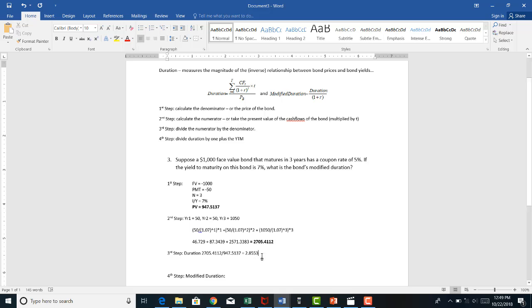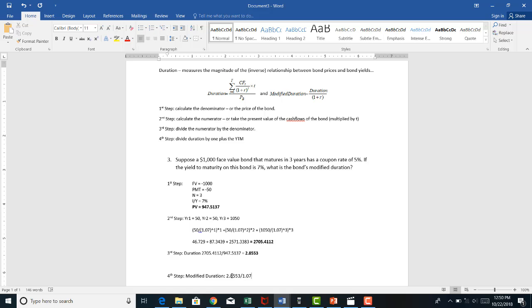Okay, I'm looking for modified duration. This duration number tells us that for every 1% increase in a bond yield, this particular bond price will decrease 2.86%. Modified duration gives us a more accurate estimate of the magnitude of this inverse relationship. I simply divide duration by 1 plus r.